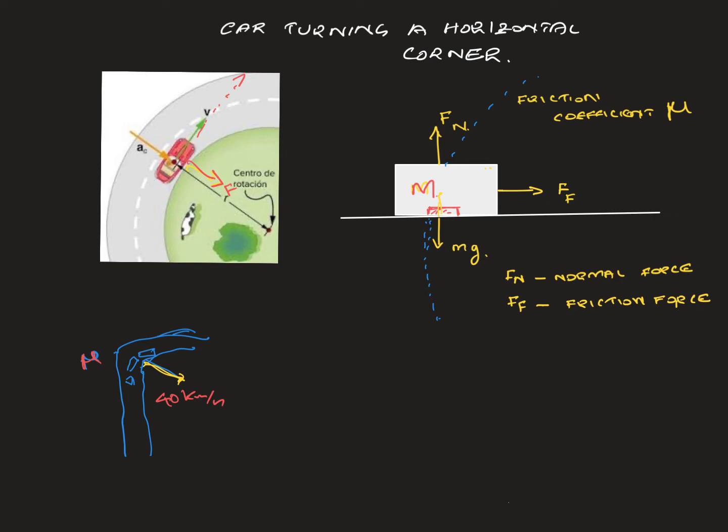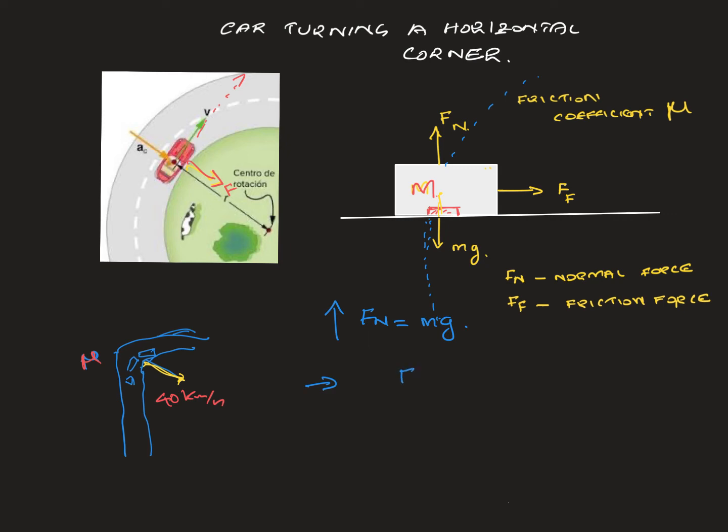If we resolve the forces vertically, then we know that Fn is equal to mg. And horizontally, the friction force is the one providing the centripetal force.